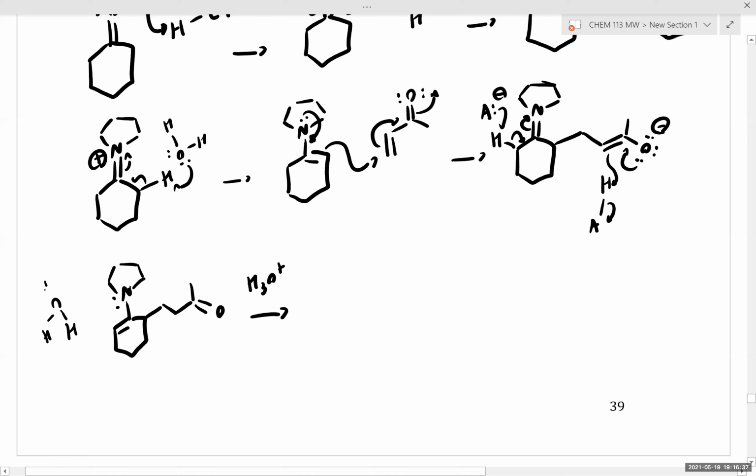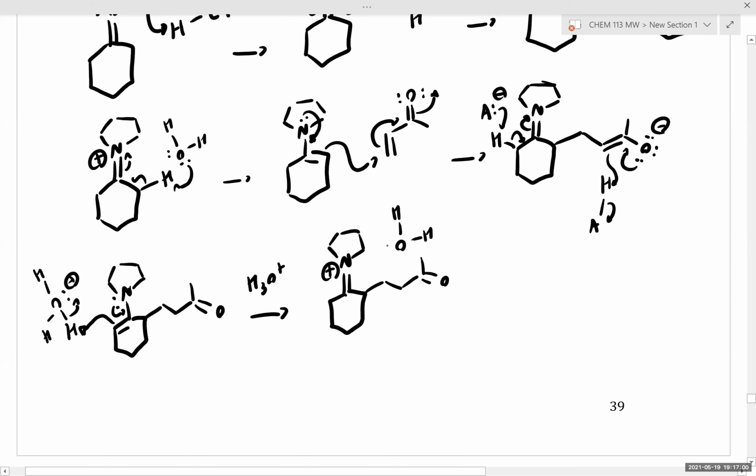So under aqueous acidic conditions, we protonate our enamine to make our aminium ion. And then from there, the aminium ion can be attacked with nucleophiles such as water.